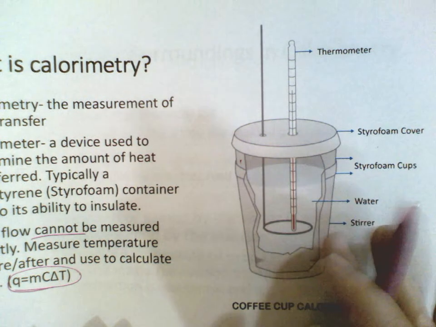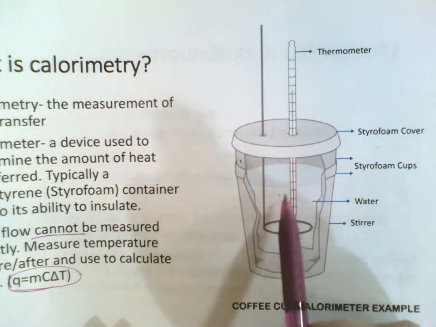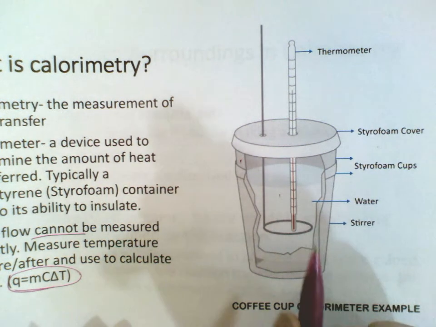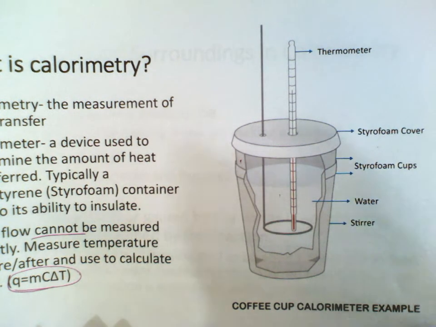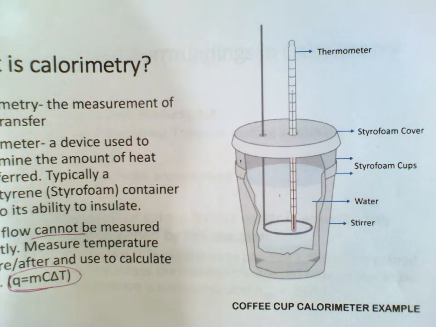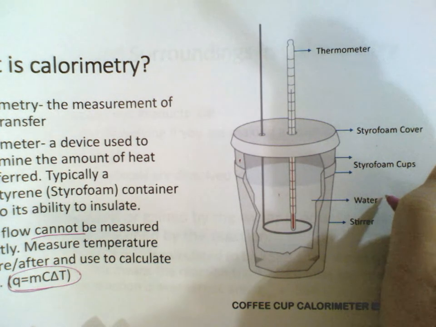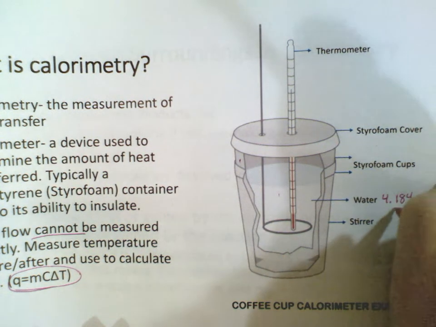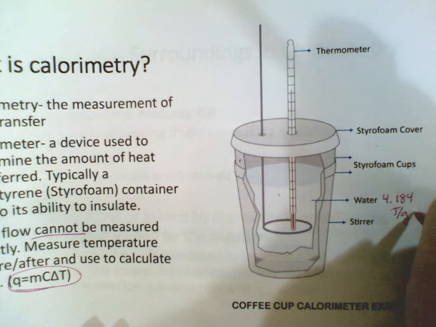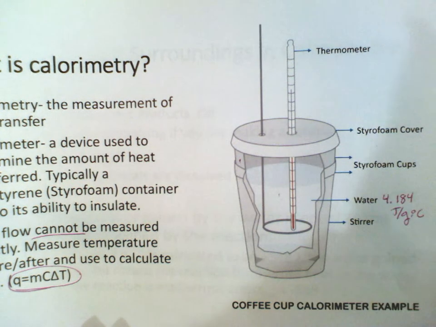So for all types of calorimetry, we have water involved. The reason why is because we know lots of information about water, like we can easily measure its mass or volume. We know its specific heat. So we're going to be using this a lot, 4.184 joules per gram degrees Celsius for that specific heat.